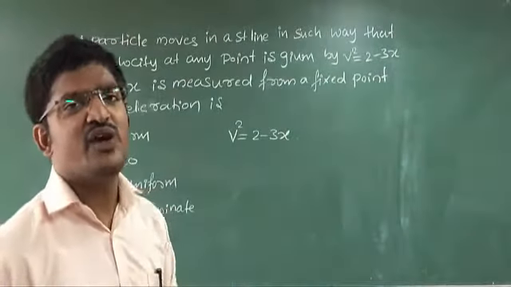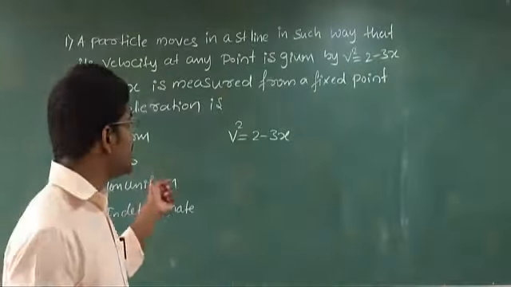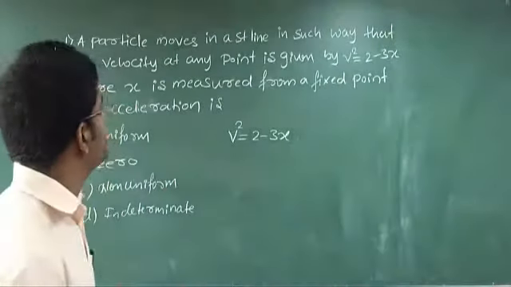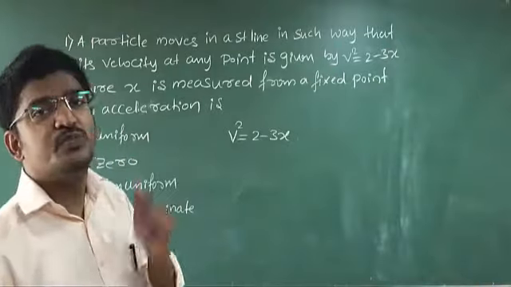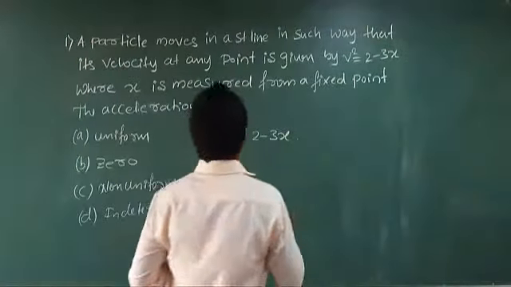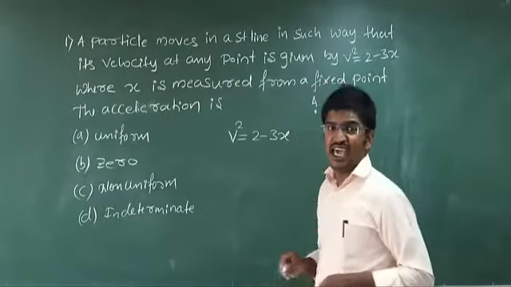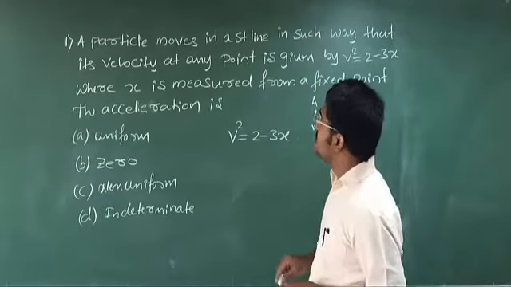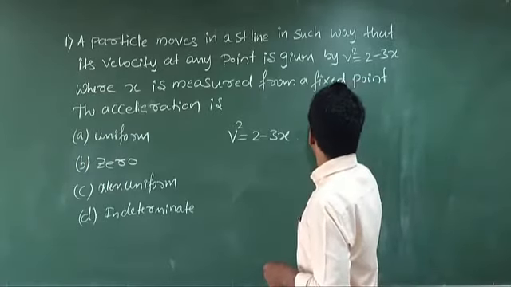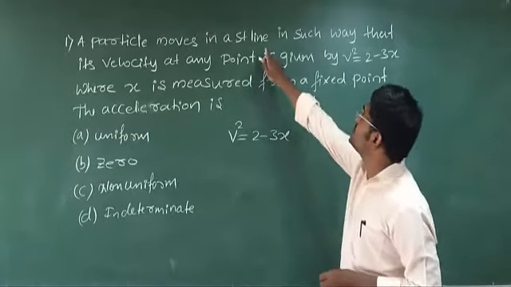They have given the function of velocity as v square equal to 2 minus 3x, where x is measured from a fixed point. Here a particle is moving from a fixed point A, and from this it is moving in a straight line.